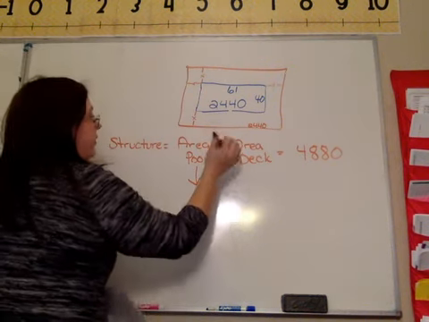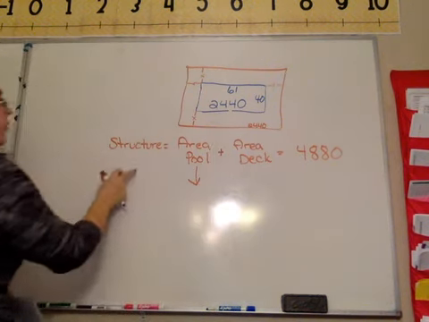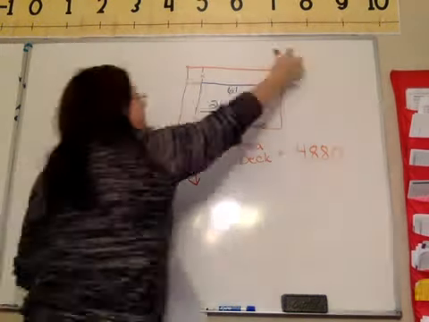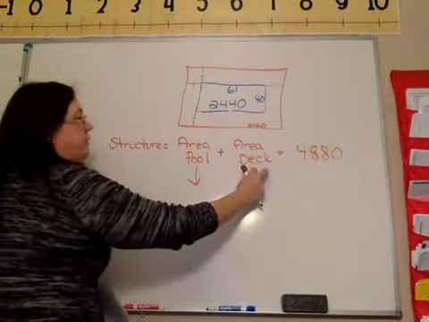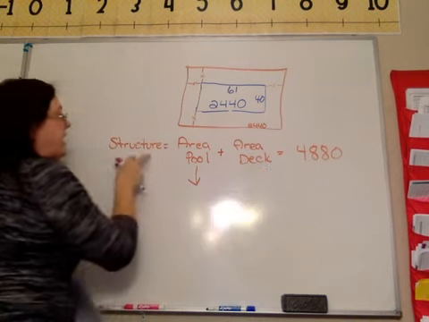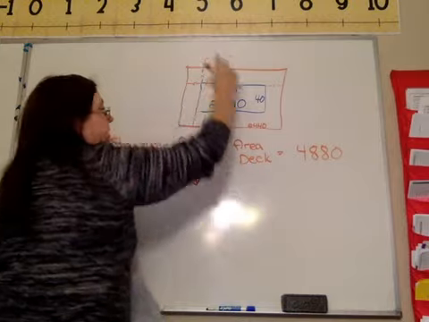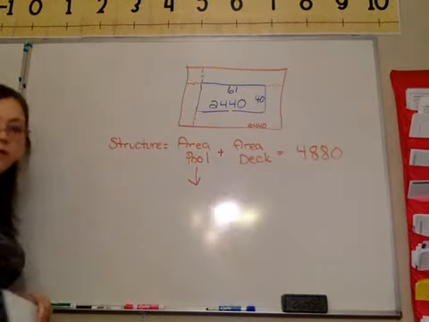Sorry, I'm getting confused here. That is plus. We want the whole area, and we need to multiply the whole structure here. We know that these two are independent, and we need the whole structure. That means we want to multiply these two sides together and get this over on this side.